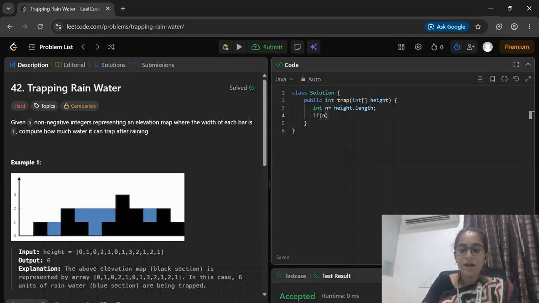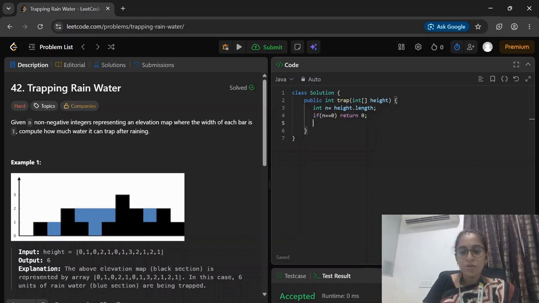If the n value is equal to 0, we return 0, because if nothing is there we can't calculate the units of trapping water, right? If we have a given height length only, we can calculate the trapping of rainwater, right?